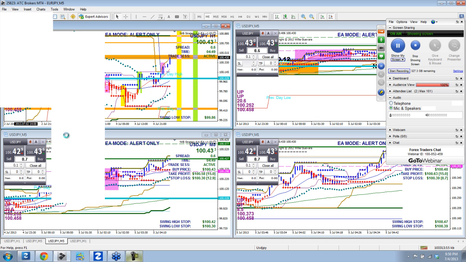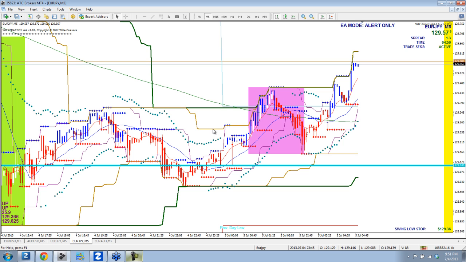It's taking some time for this chart to change. In addition to the dollar yen, you're now looking at the euro yen 5 minute chart.